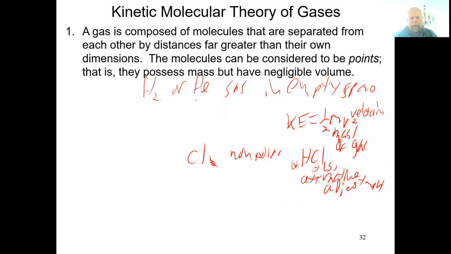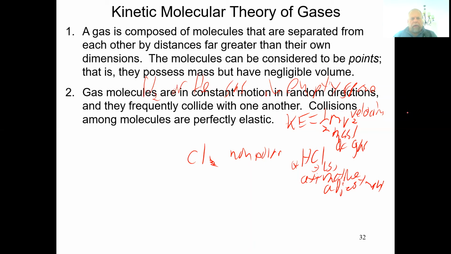And kinetic molecular theory of gases, essentially, it consists of these. A gas is composed of molecules that are separated from each other by distances farther than their own dimensions. The molecules can be considered to be points. In other words, they possess mass, but they have negligible volume. You've already seen that. You will see that in the lab this week.